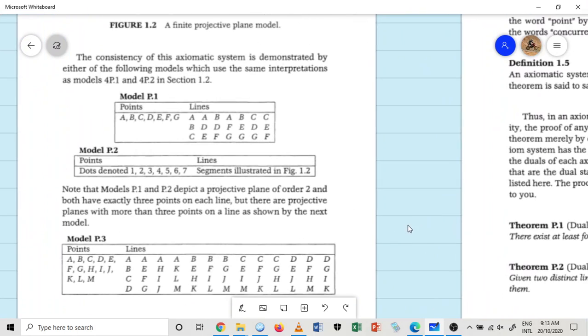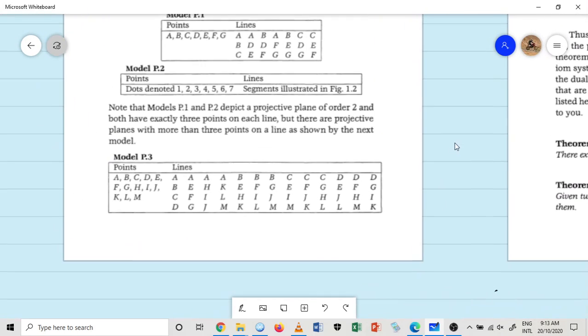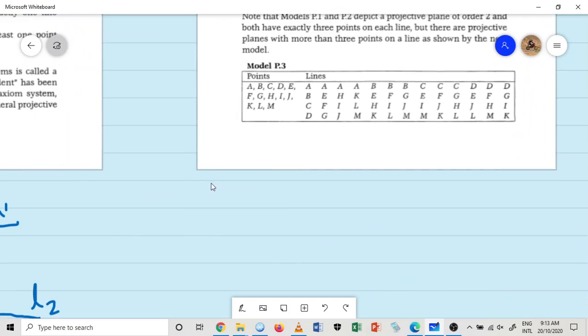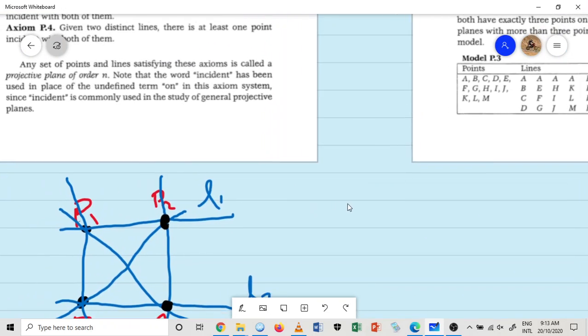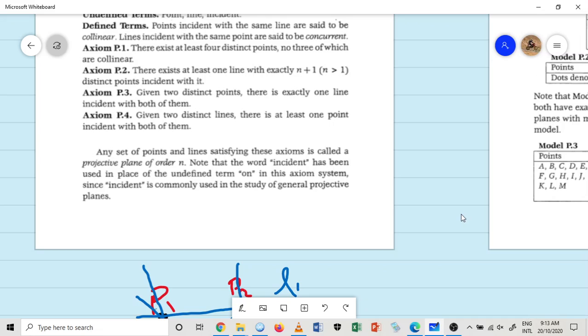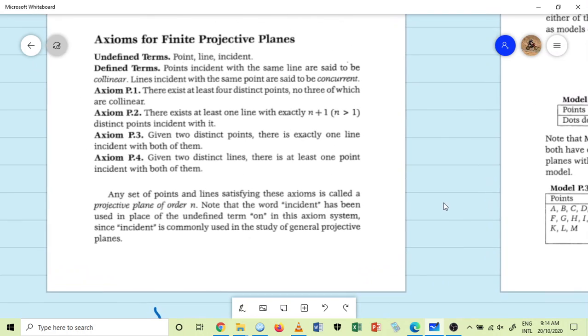Now, this would mean that a model for a finite projective plane may have 3 or 4 or maybe more points, but it would be impractical to do trial and error to find out for what integers n a finite projective plane would exist.